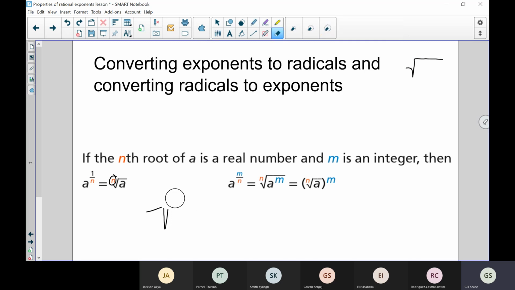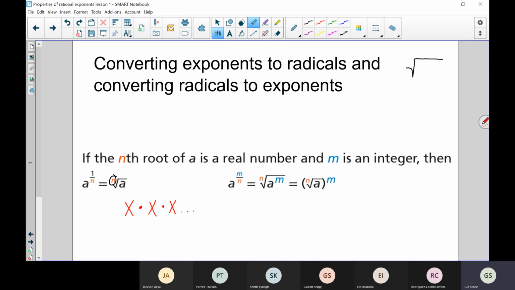So if we were to write this out, we would say some number x times itself, and we don't know how many times we would write x because there's an n there. We don't know what number n is, so we might write it twice. We might write it 20 times.